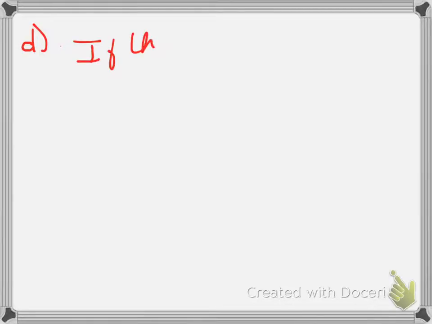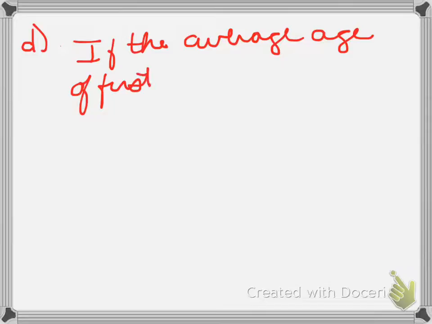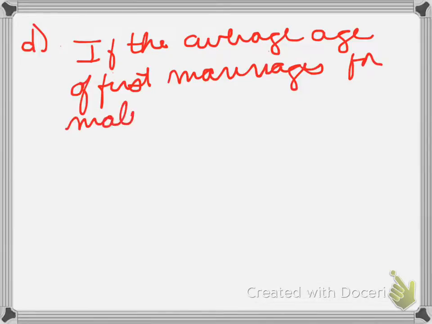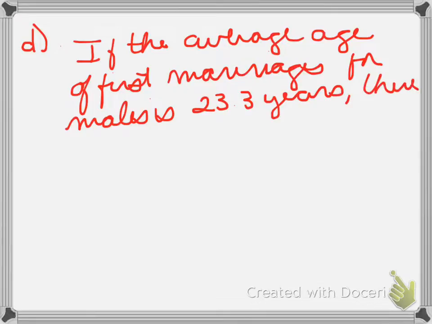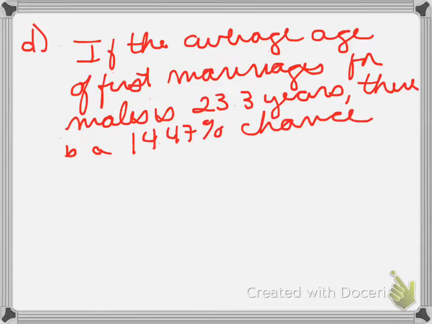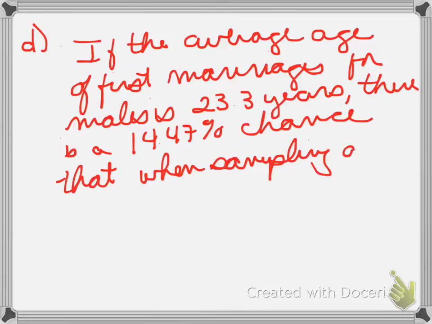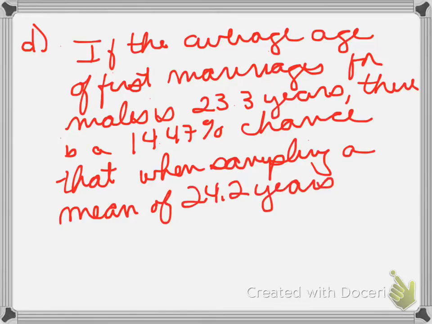So if H0 is true, if the average age of first marriages for males is 23.3 years, there is a 14.47% chance that when sampling, a mean of 24.2 years can happen.